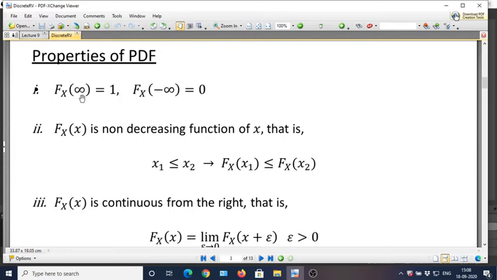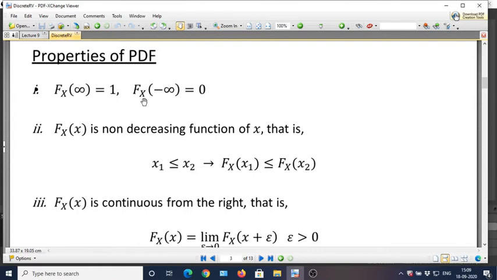Since this is the entire real axis and the sample space has to map to a subset of the real axis, or at most the entire real axis, the corresponding probability measure is nothing but the probability measure of the entire sample space, and therefore that is equal to 1.